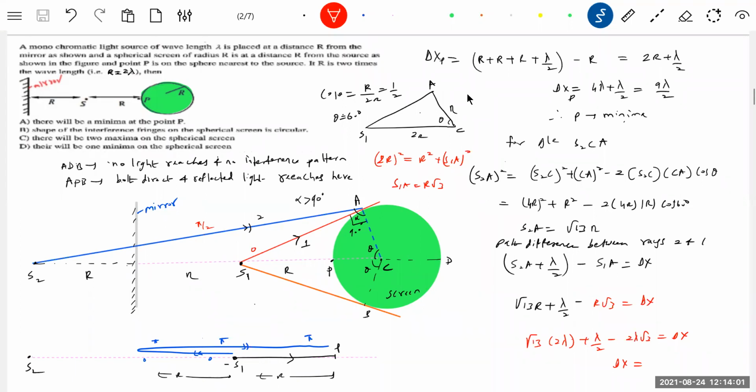Root 3 is 1.7, root 13 is about 3.6. It will come to more than 4, no? Easily. 1.7 into 2 is 3.4. Error, more than 4 it will come.